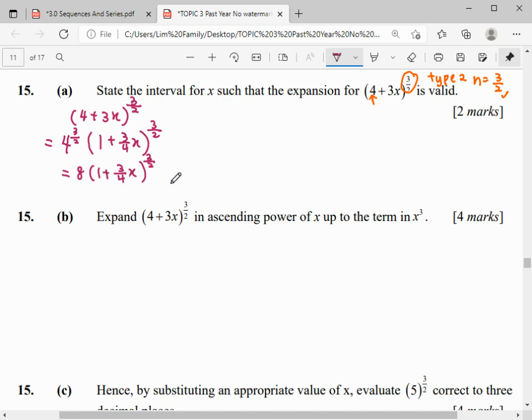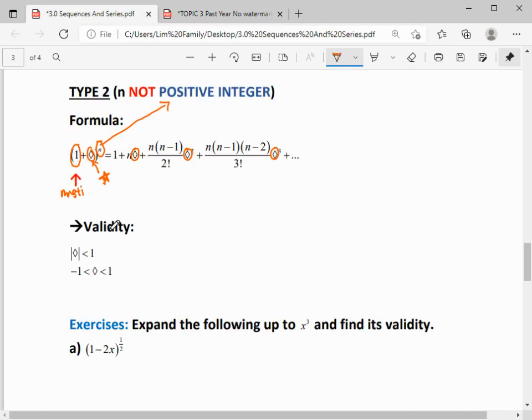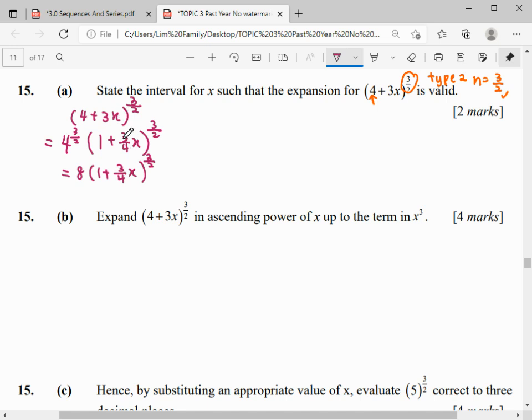What is involved in the expansion is this bracket. The 8 we leave as the coefficient in front. After we rearrange it, then only we can see the interval for which this binomial is valid. Our concept here: when you want to find validity, we have to find what we are expanding, put it in modulus less than 1, then find the interval of x. That is the validity. What we expand here is 3 over 4 x.